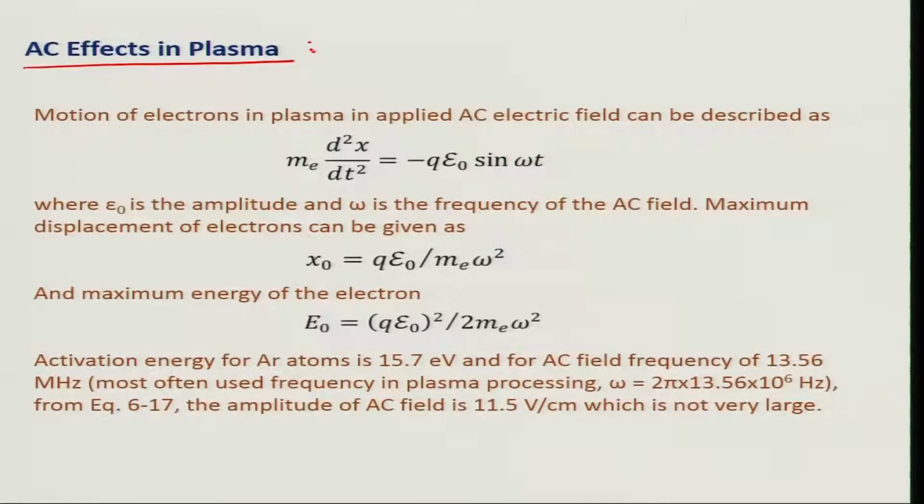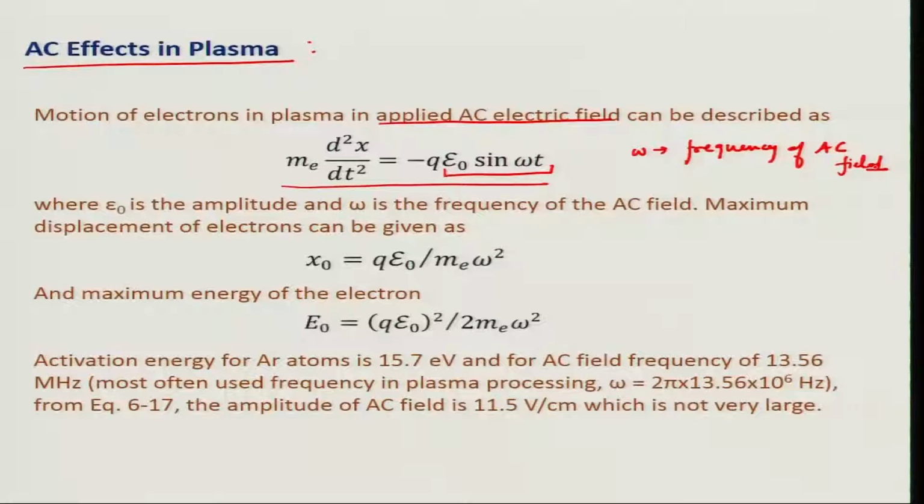The motion of electrons in an applied alternating field can be described by this expression, where this is mass times acceleration, this is the force, where my force is electric field multiplied by charge, and the electric field is varying sinusoidally with the frequency omega, the frequency of the AC field.